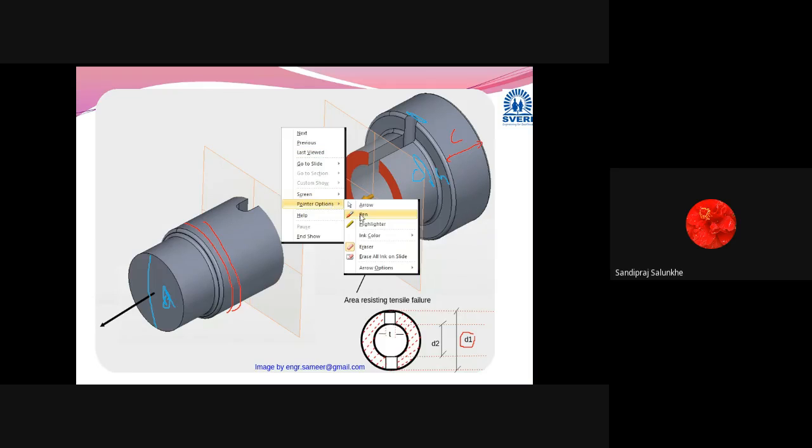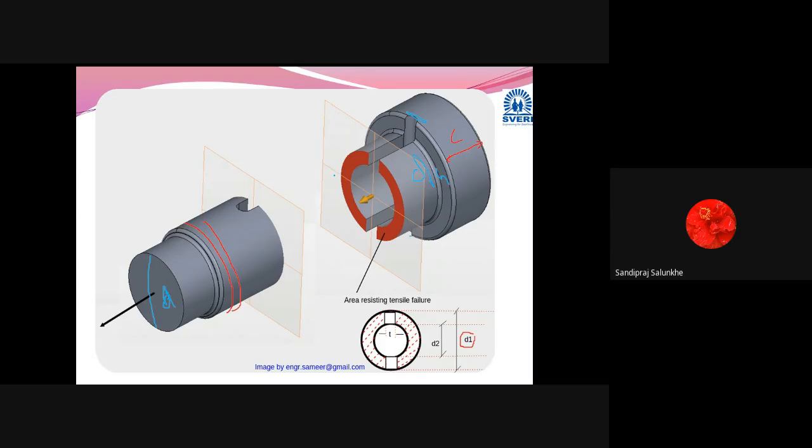But now what we are going to calculate is the outer diameter of this socket. Already we know this inner diameter. We have just calculated this outer diameter with the help of tensile stress.